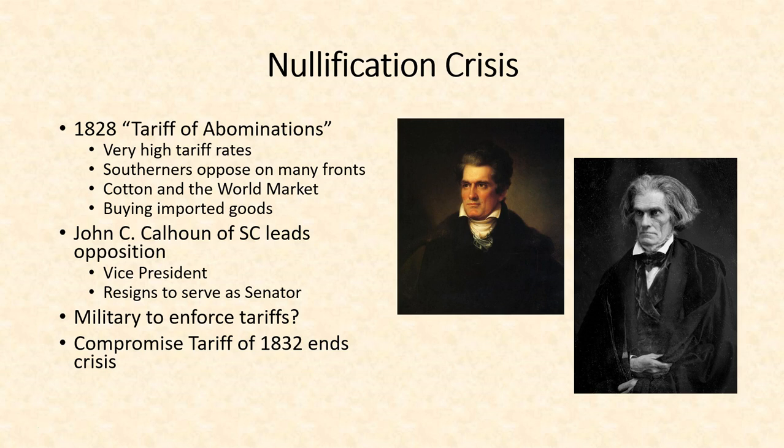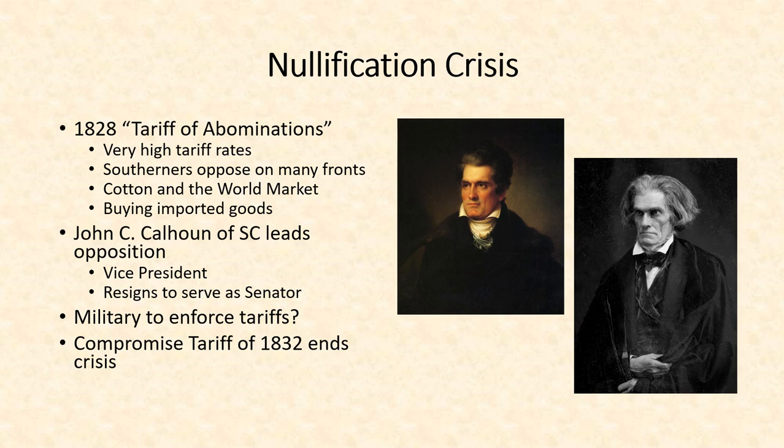The painting is Calhoun as Vice President. He's more famous for the black and white photograph that we have on the side with the real nice neck beard going on. Calhoun is a strict constructionist as far as the Constitution goes. He is a strict states' rights individual.